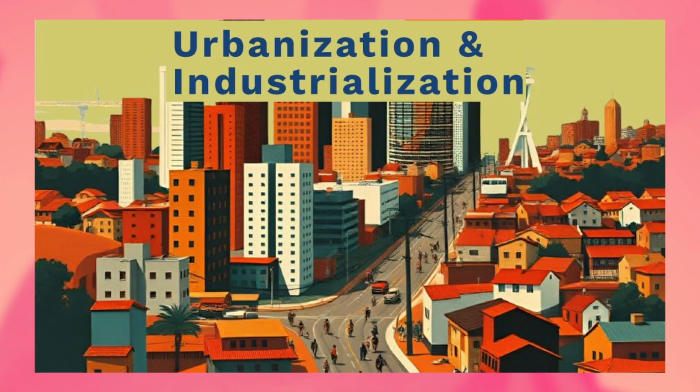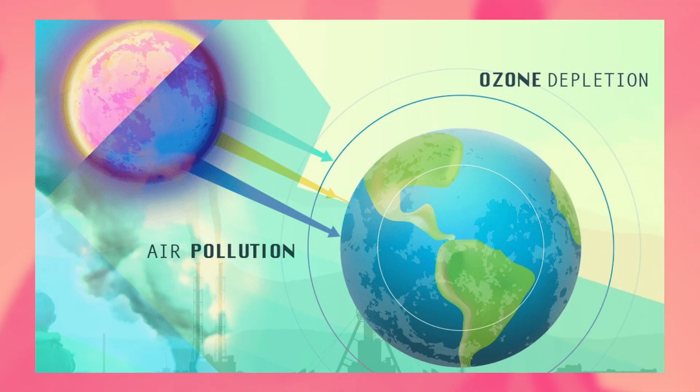Urbanization and industrialization have intensified air pollution, making it one of the most immediate environmental threats to human Earth. Furthermore, air pollution also links to the ozone layer.